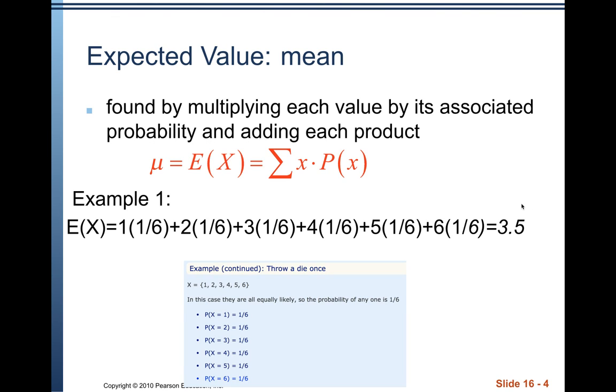So again, an expected value is take each possible outcome, multiply it by its corresponding probability, and then add everything together at the end. That is what we call expected value.